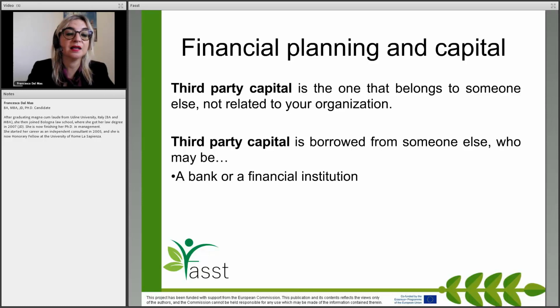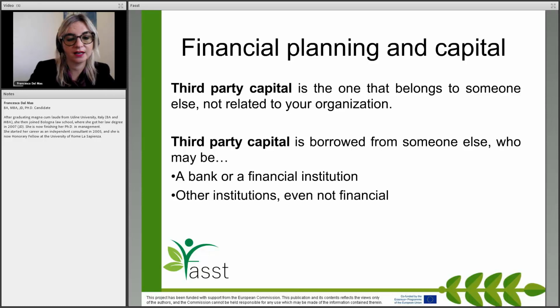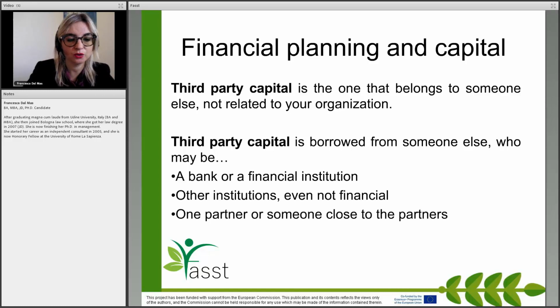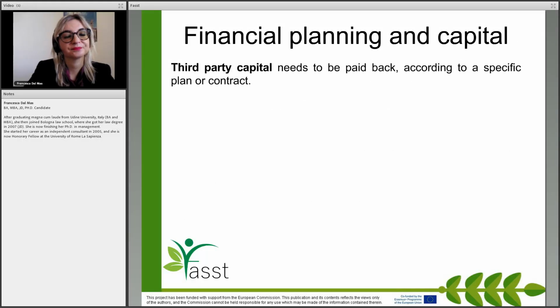This someone else might be a bank or a financial institution, other institutions, even non-financial ones, one partner or someone who is close to the partners and wants to, let's say, be generous enough to lend some money.